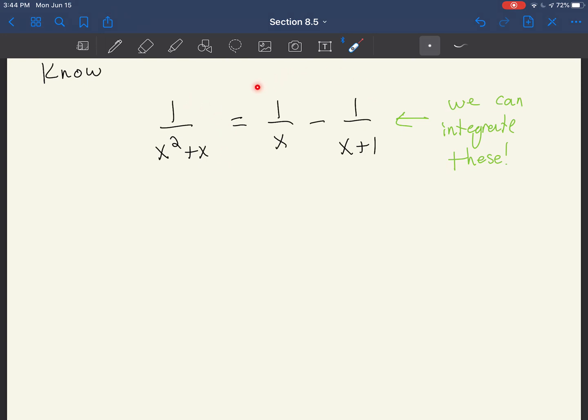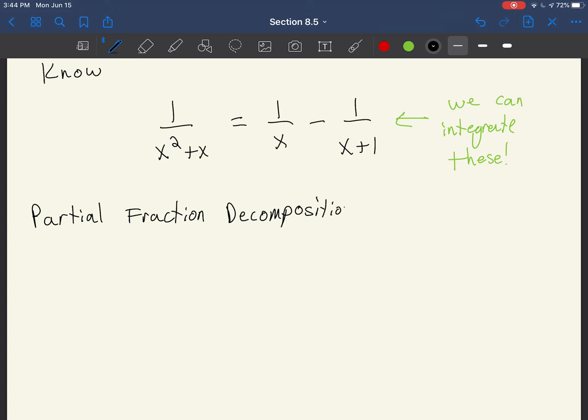So this idea of writing a fraction as the sum or difference of multiple other fractions is known as partial fraction decomposition. Okay, highlighting, and now I talk.